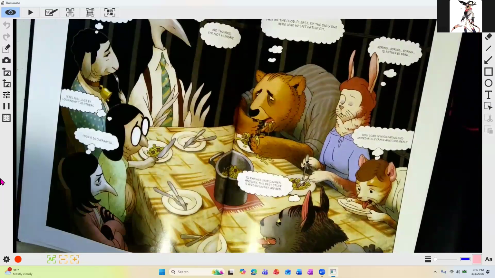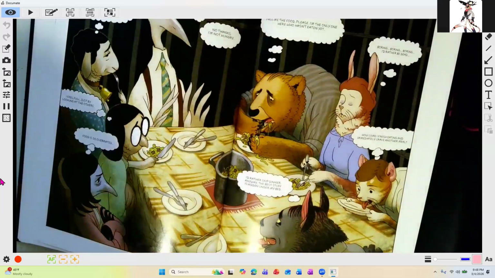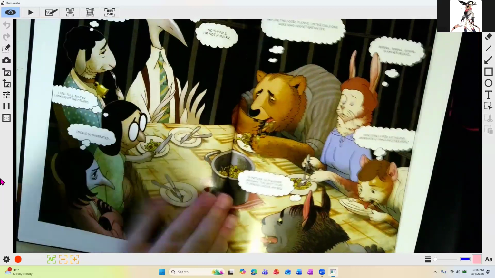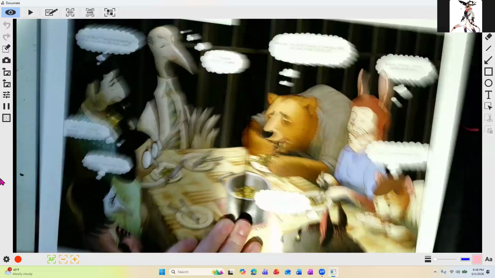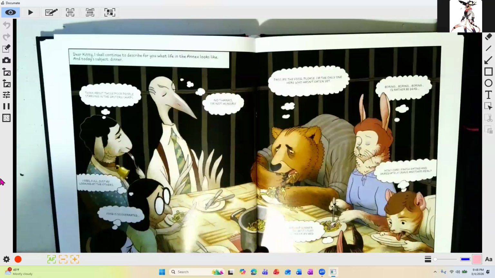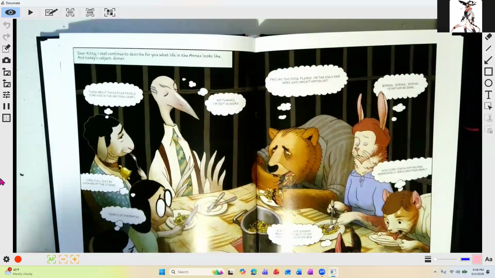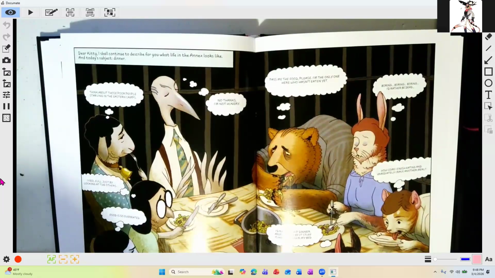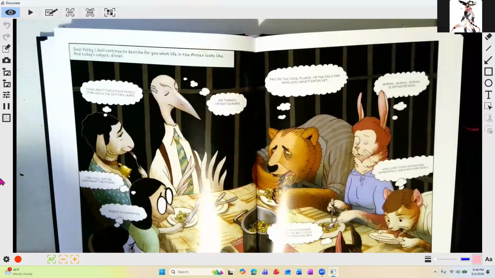We don't really get a clue on why the author made them animals here, but we kind of get a hint in the text where it says, "I shall continue to describe for you what life in the annex looks like today." So we can see they're animals here. These are speech bubbles or thought bubbles.